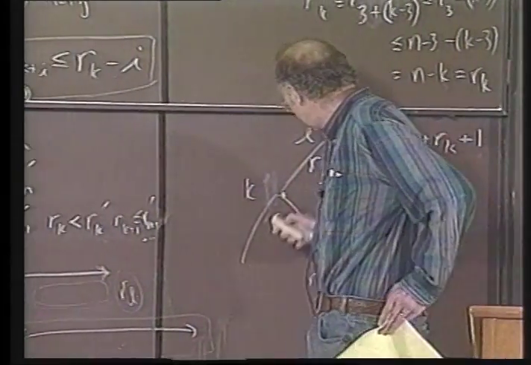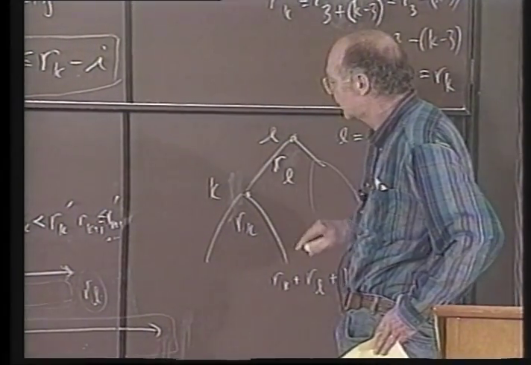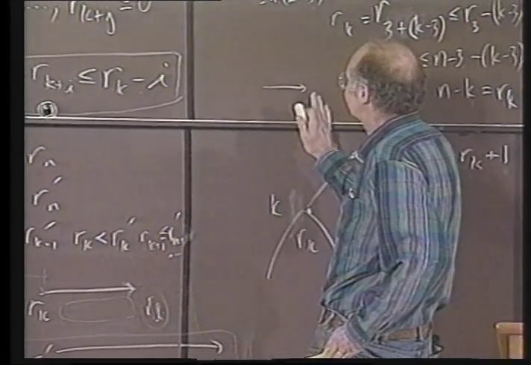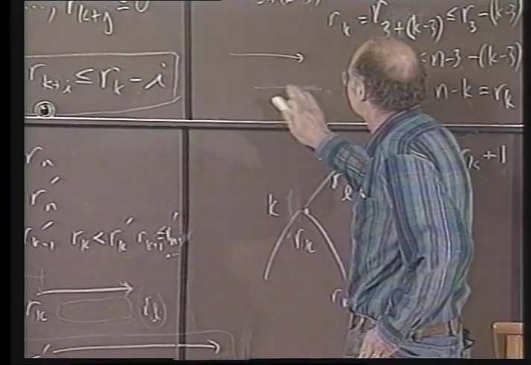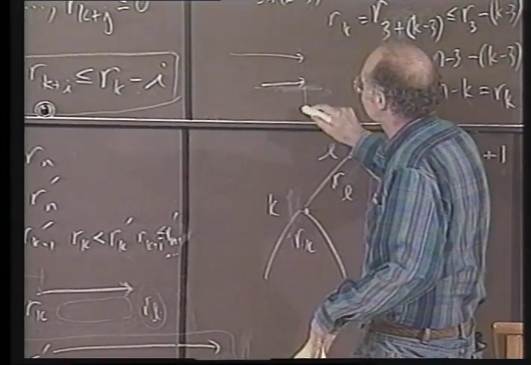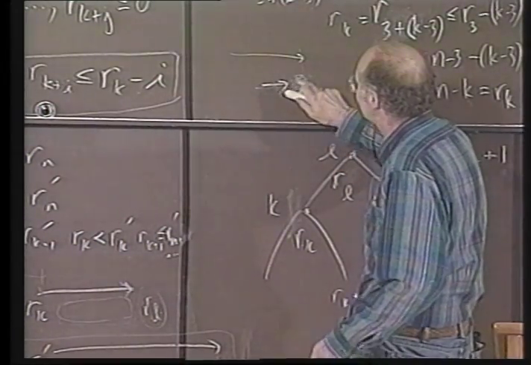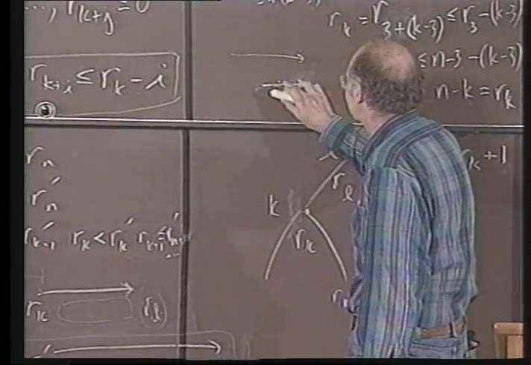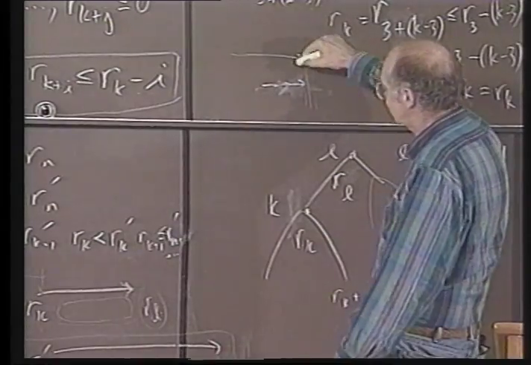The only nodes that don't have a parent to the right are the ones for which, when you draw the arrow, it went as far as it could go. So if there's another arrow above it, the arrow goes all the way to the right. If the arrow comes down like this, then this guy's going to be a parent of this subtree. But if it comes all the way to the right, then it doesn't have a parent to the subtree.